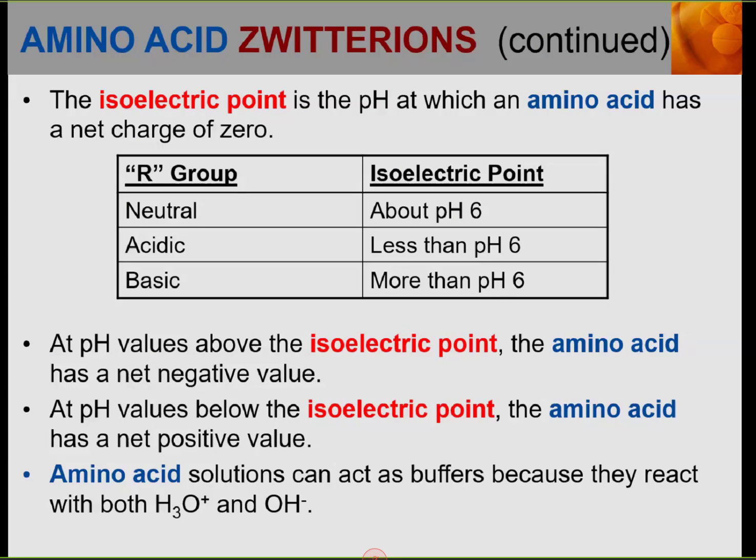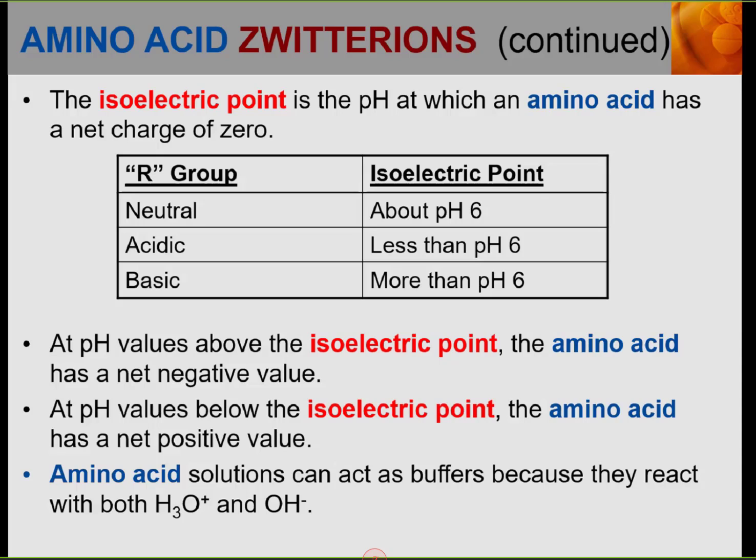Under basic conditions, the carboxylic group exists without its acidic hydrogen, and the amino group that at the isoelectric point has a positive charge on the nitrogen now loses one of its hydrogens and has no charge. Therefore, the net charge on the amino acid is negative.